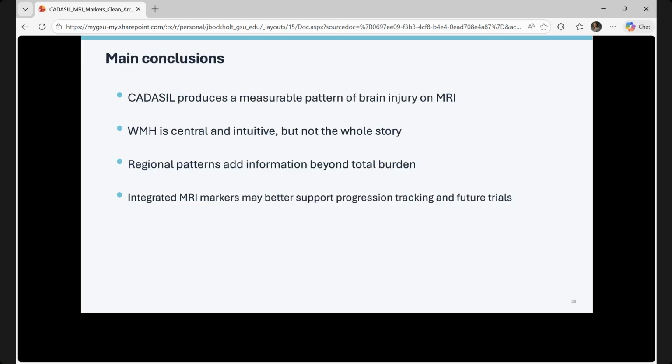I would make the case that it's the regional patterns together with total burden that really tell more of the story, and integrating all of these biomarkers together is going to better support progression tracking. So next slide.